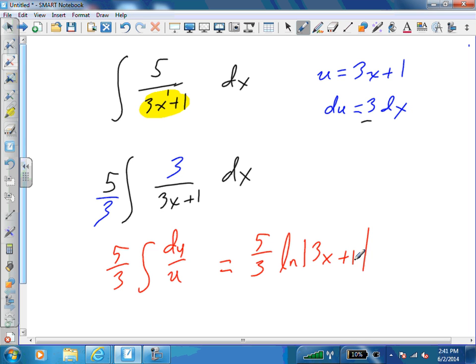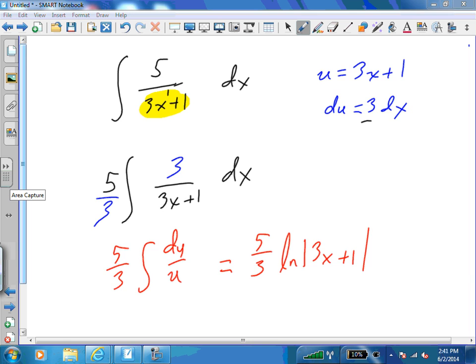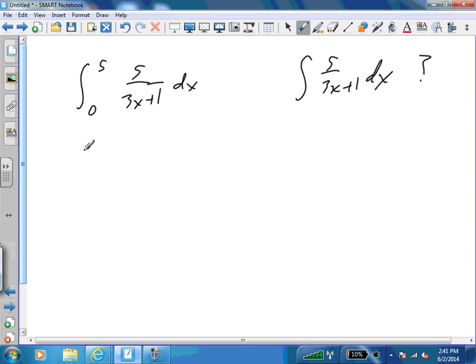But when we have a definite integral, we're substituting numbers in, so we can leave our plus c off. So our antiderivative is this, and we need to evaluate that from 0 to 5.